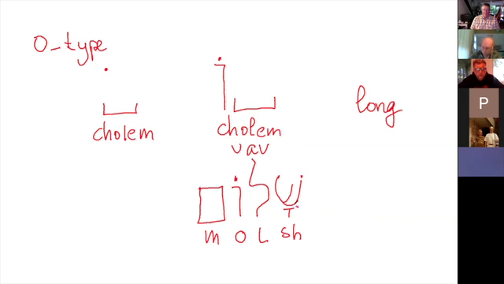And the A sound comes from this symbol. Anybody knows how this symbol is named? Kamets, yes, the kamets.